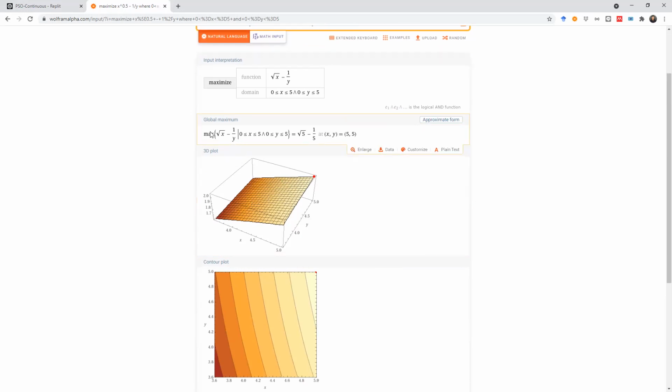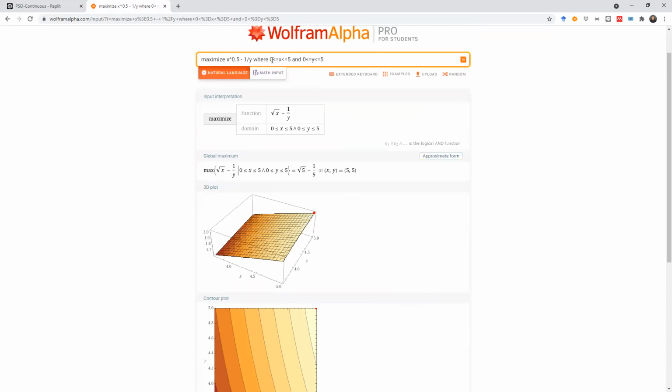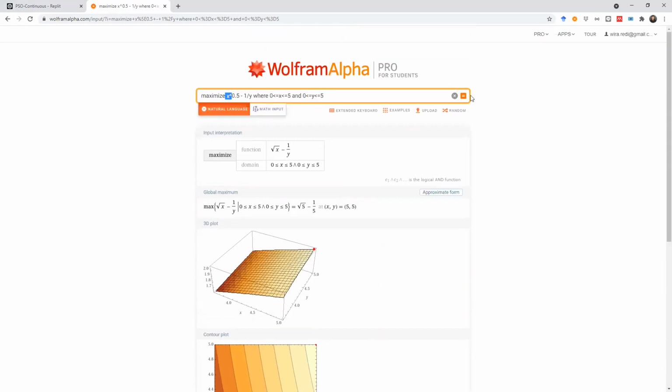And the result: the maximum value for the decision variables x and y is generated when x and y are equal to 5 and 5. Let's see the value.